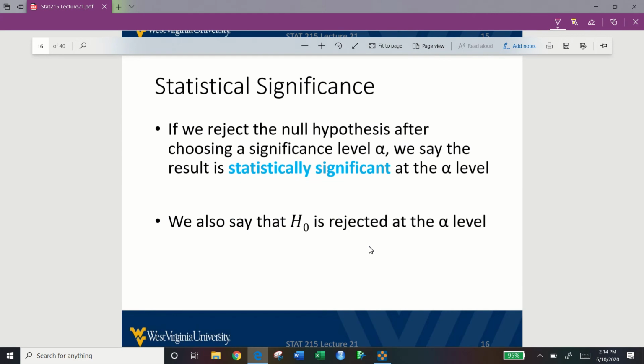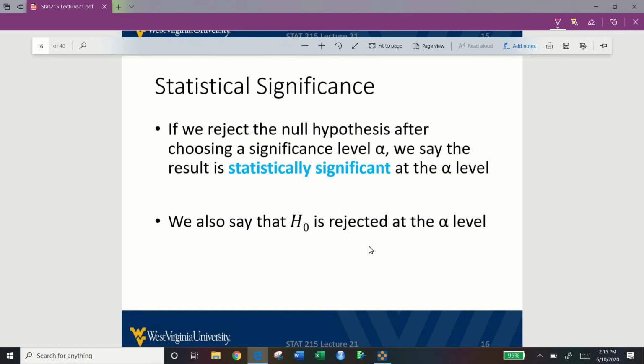So what is it to be statistically significant? Well, if we reject our null hypothesis after choosing a significance level alpha, we say the result is statistically significant at the alpha level. We also say that the null hypothesis is rejected at the alpha level.